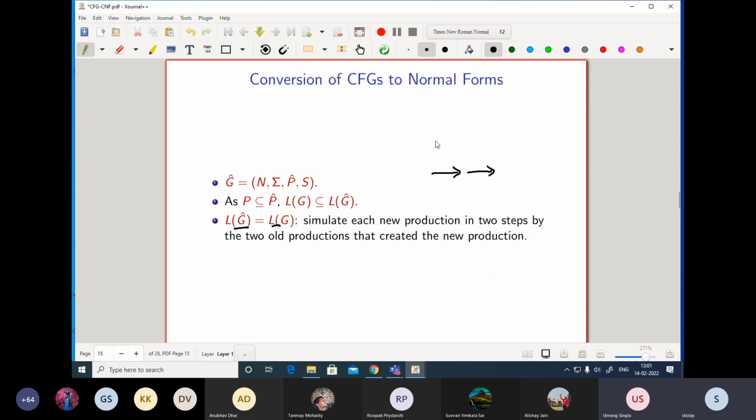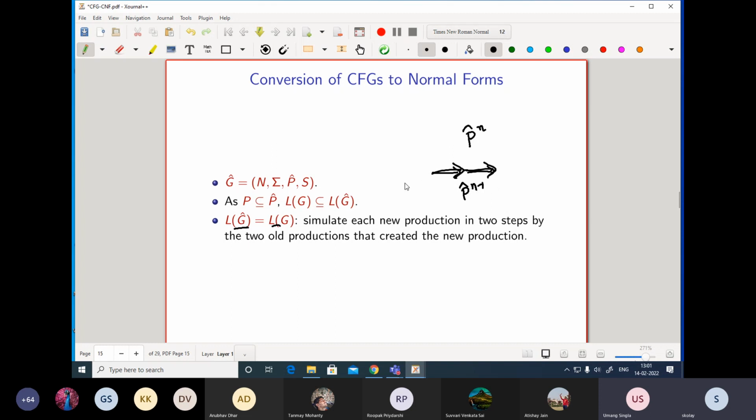So if you consider a new derivation, this would actually mean two productions in P hat. Suppose this was P hat n, let's say. So this would mean two productions in P hat n minus 1.